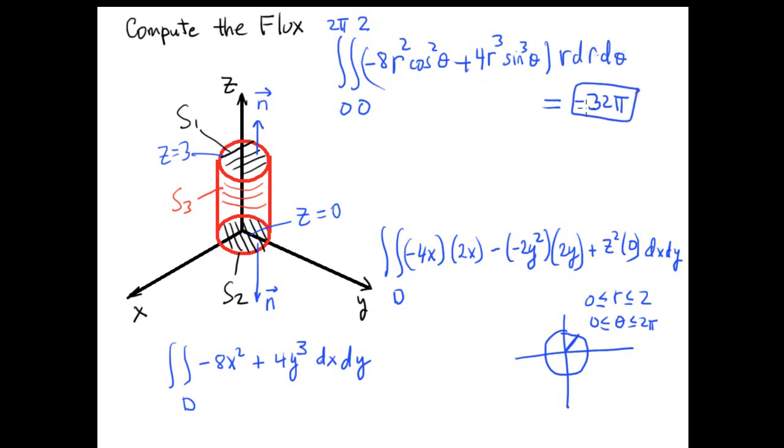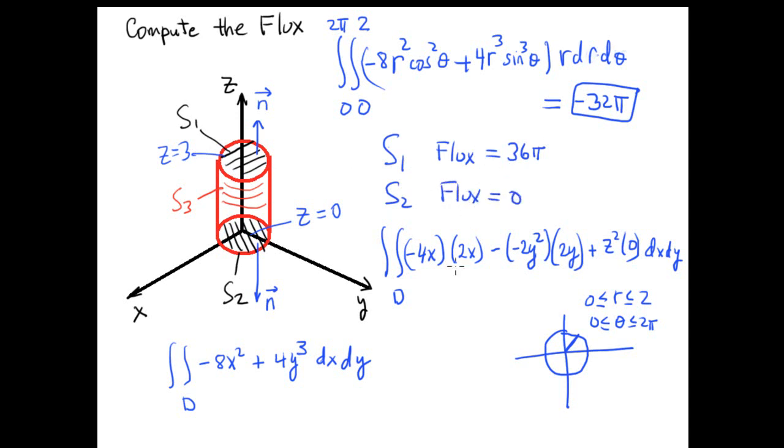So, what is the conclusion? What's the total flux? We manipulated 3 surfaces. In surface 1, the flux was positive, 36 pi. In surface 2, the flux was 0.